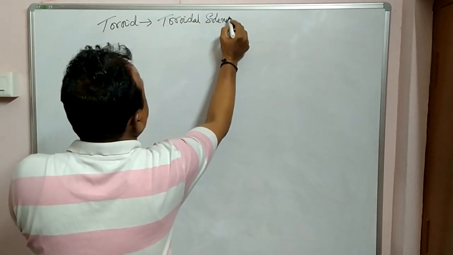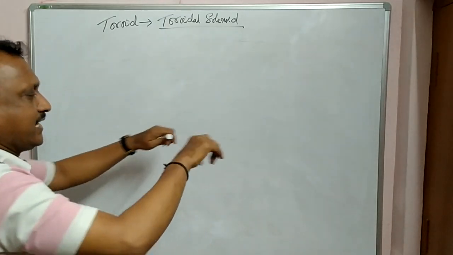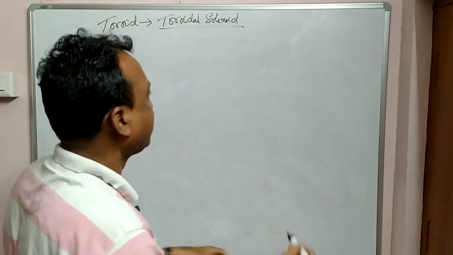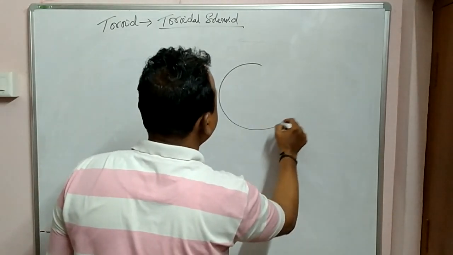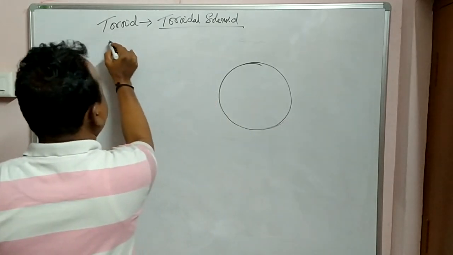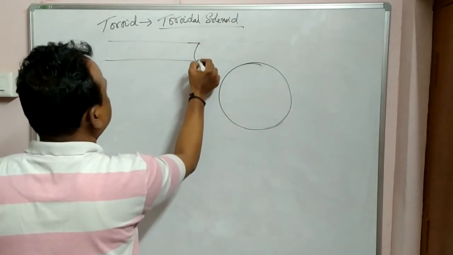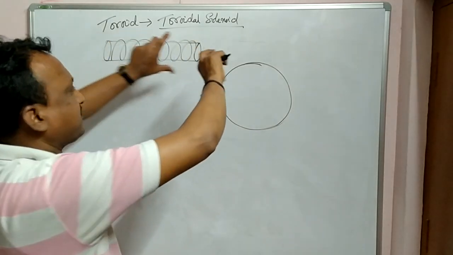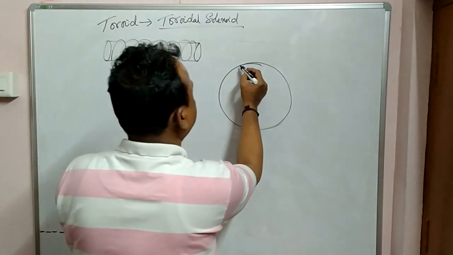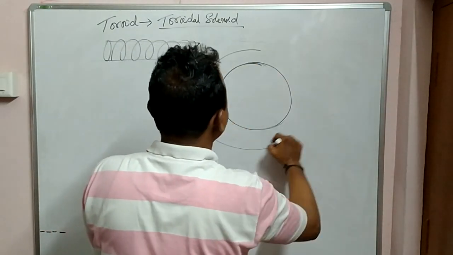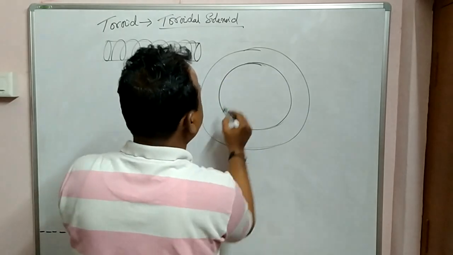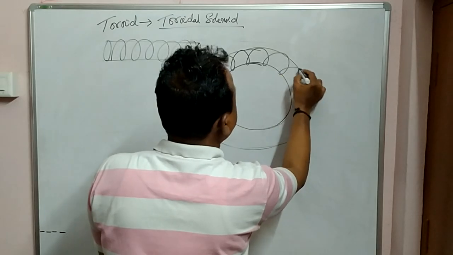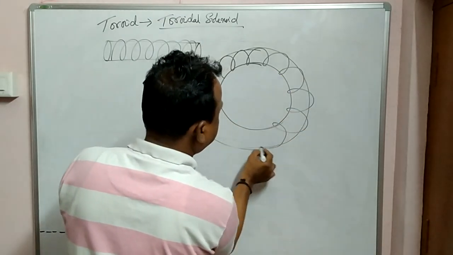If you bend this cylinder-like structure, the current-carrying coil, into a circle, it becomes a toroid. This is the basic structure of a toroid.